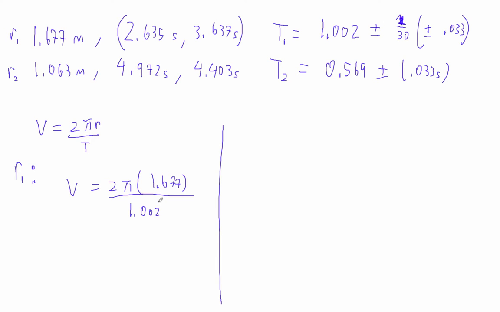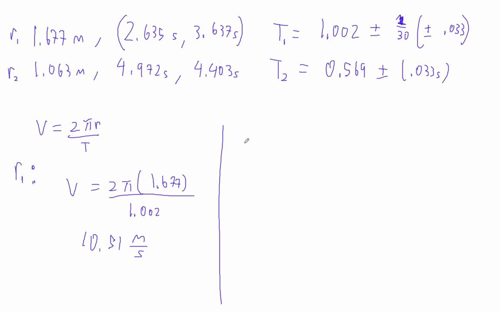Okay, so let's do this. 2 times pi times 1.677 divided by 1.002. This is 10.51 meters per second. Did I do that right? 2 pi r over t, 1.677.